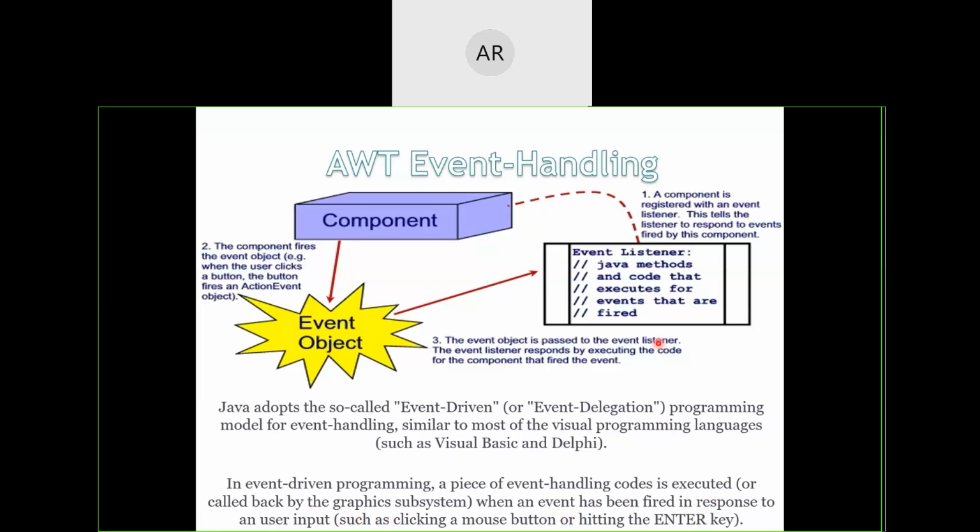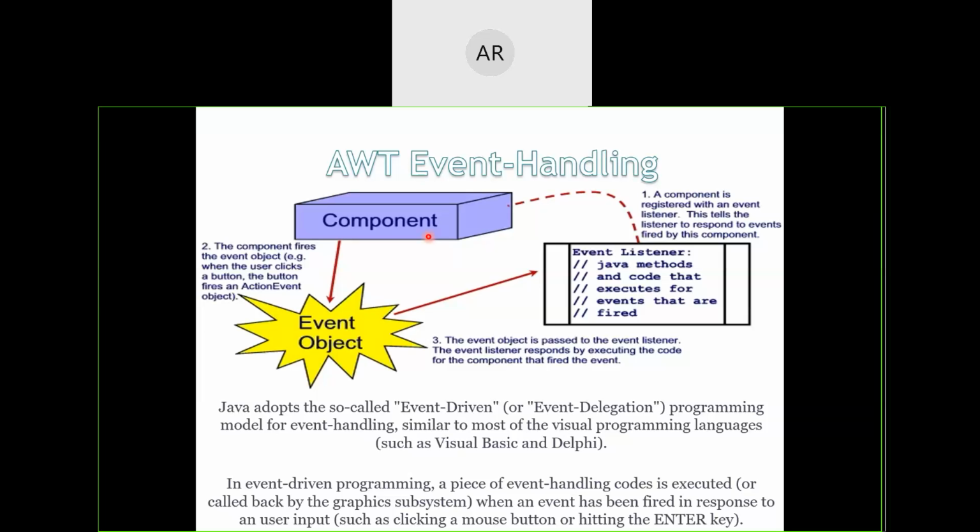First thing, whenever a component is placed in a frame, we associate that component with its corresponding event listener interfaces. When that event listener interface is associated with the component, the event listener will always monitor the state of that component. Is it pressed or not pressed? Is it pressed or released?